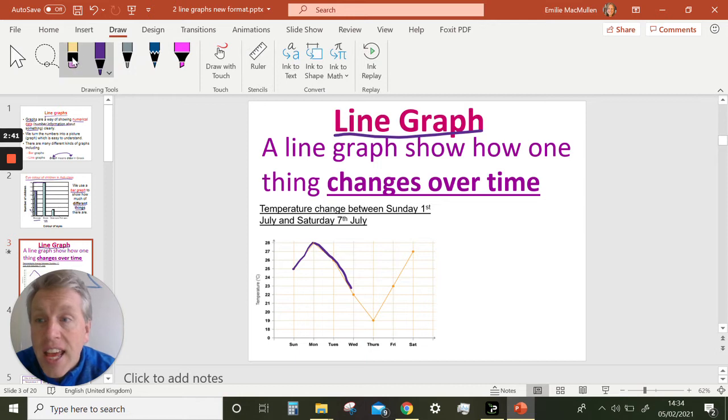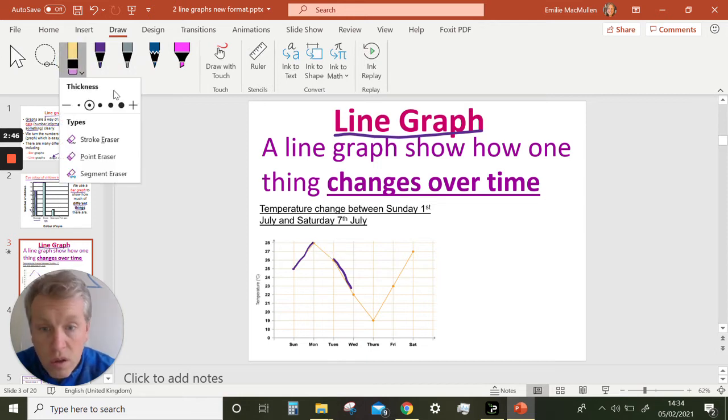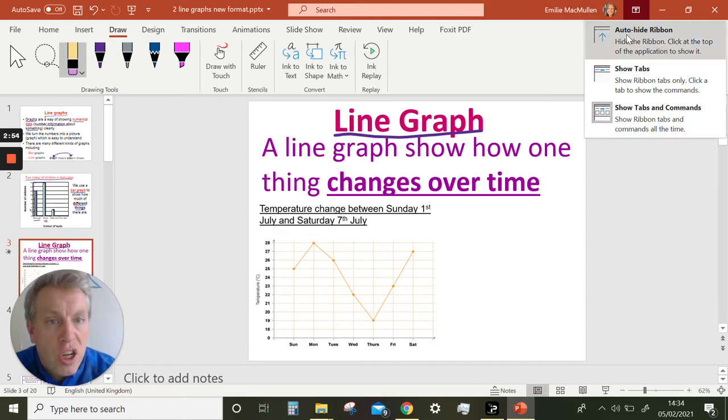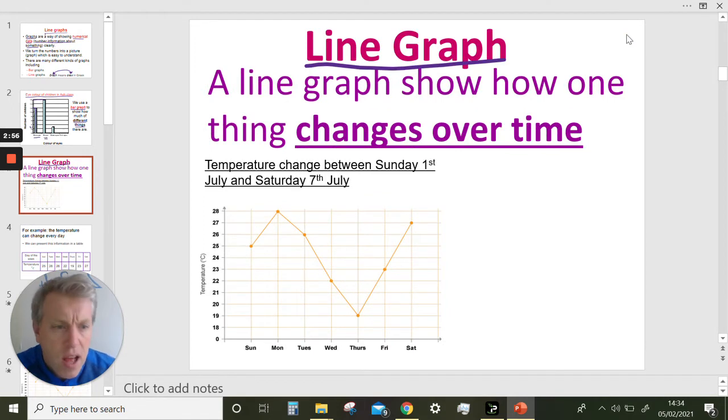And it's used in a different way to a bar graph or a bar chart. So let's have a little look at some line graphs and see if we can understand how they work.